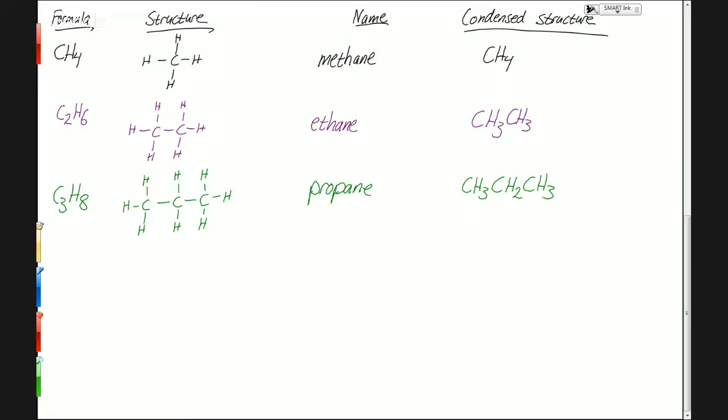All right, the next member of the series, I'm going to give you the name. Butane. See if you can come up with all the rest. The formula, the structure, the condensed structure. Probably want to do the structure first and then count up your carbons and hydrogens to get the formula. And then you can write the condensed structure also.